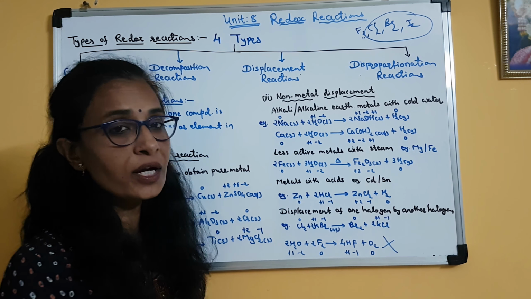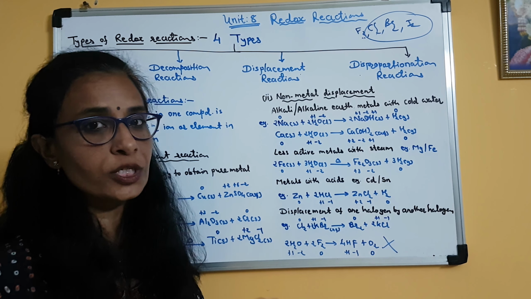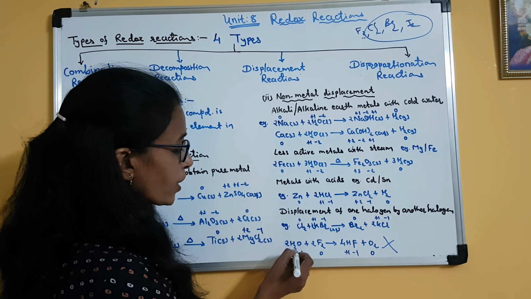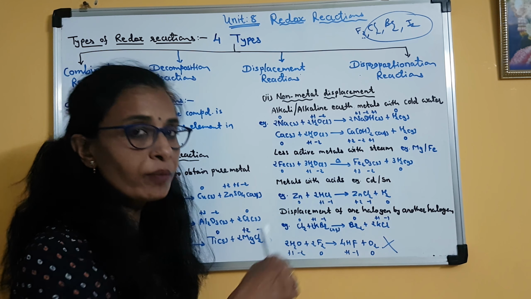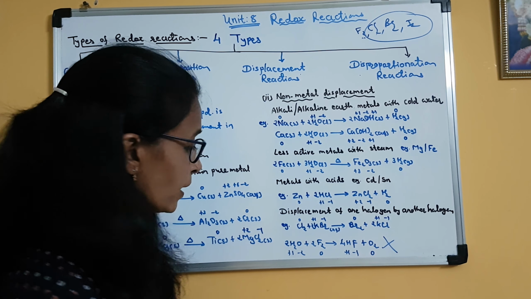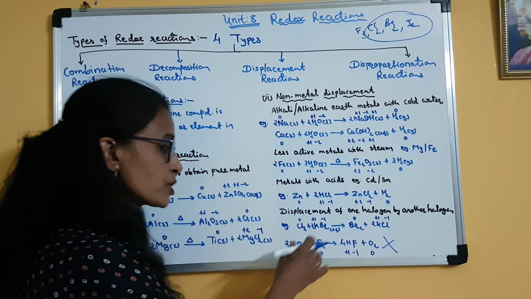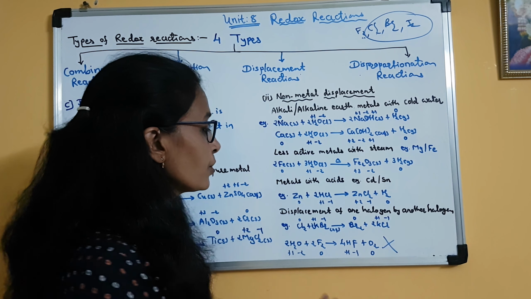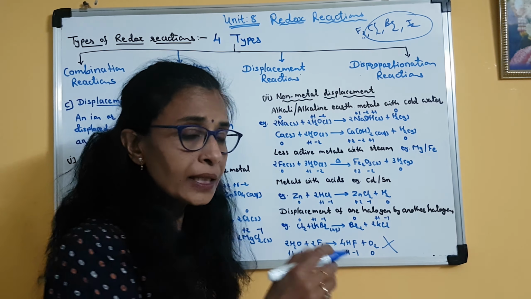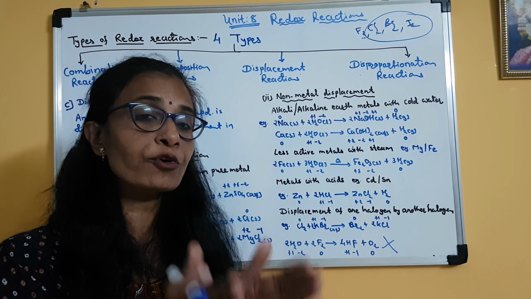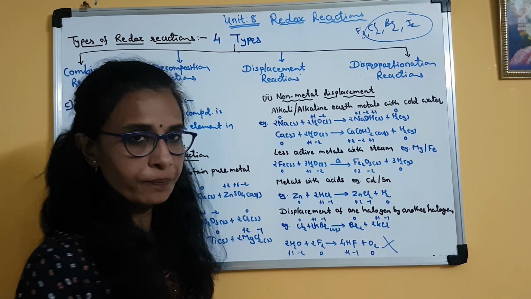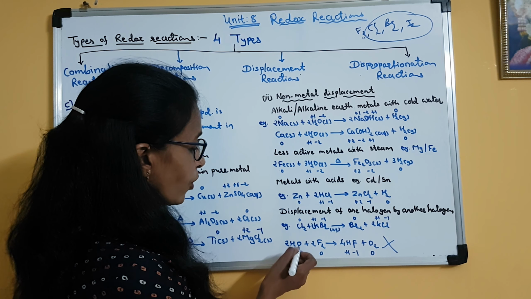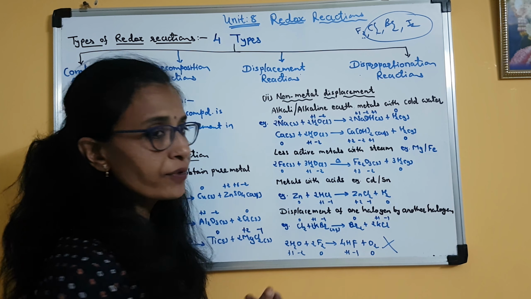So fluorine is not used in the displacement reactions of halogens. Why? Because it can react with water itself, and from water it will displace another non-metallic element, that is oxygen. Though this is a redox reaction and also a displacement reaction, it is not feasible if we want to displace any halogen like chlorine, bromine or iodine from their compounds with fluorine. So this is the reason. Fluorine directly attacks water, and from water it will displace oxygen in the form of dioxygen.